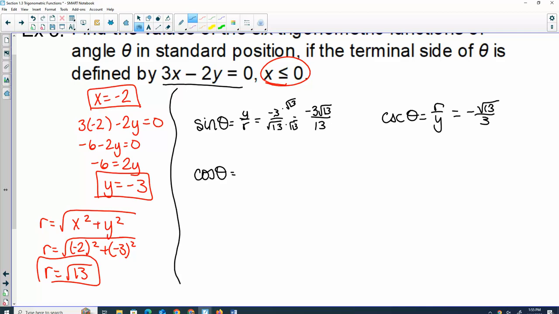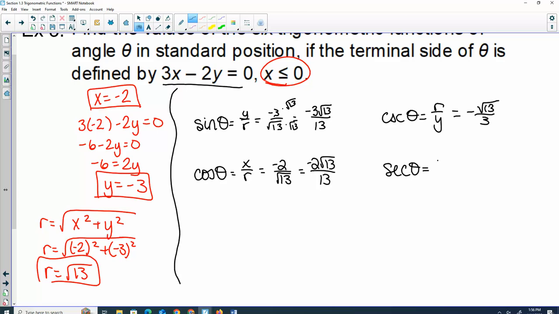Cosine. X divided by r. So my x is -2. My r is the square root of 13. Multiply top and bottom by radical 13. And we get -2 radical 13 over 13. The reciprocal of cosine is secant.